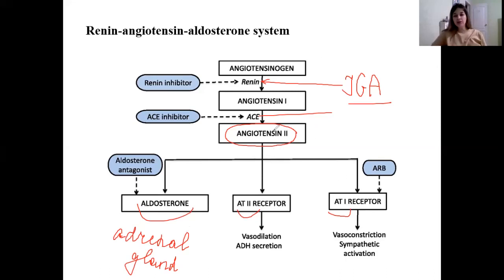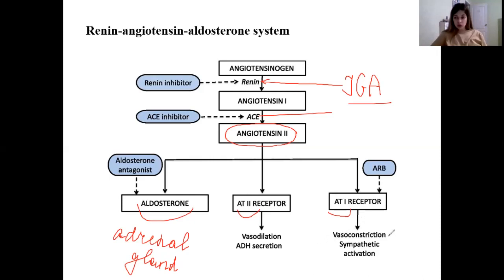If we have the effect of angiotensin 2 on the AT1, the first type receptor, they lead to so-called bad effects. Okay, they are not really bad, but for our patient who has high blood pressure, they can be unwanted.